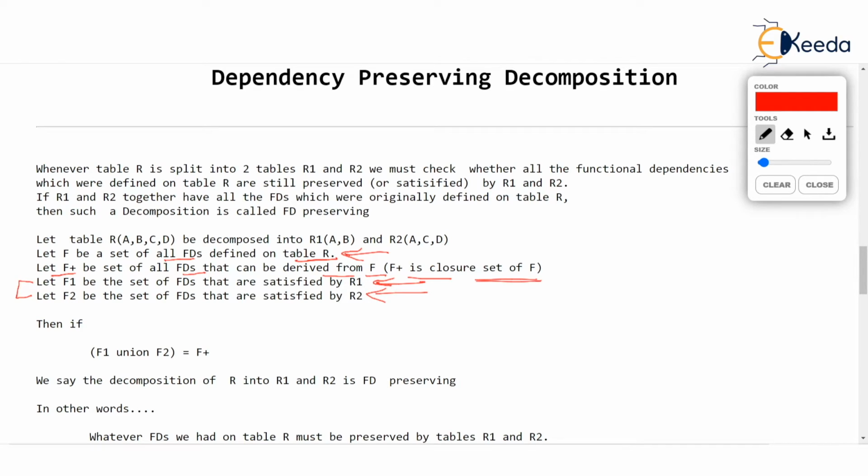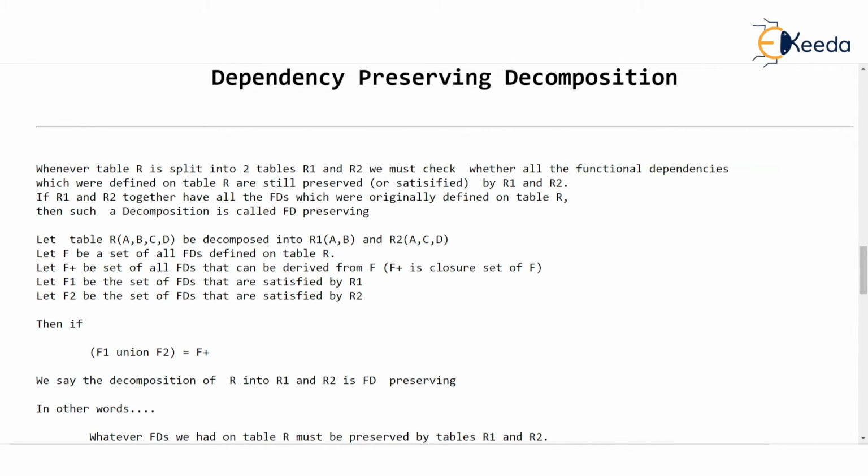Now notice that F1 will definitely be a subset of F and F2 will be a subset of F, because some of the dependencies in this set may not be satisfied by R1. For example, if there is a dependency A determines C, then A determines C cannot be accepted by R1 because C is missing in R1, isn't it? But it might be accepted by R2, because A determines C can be a functional dependency in R2.